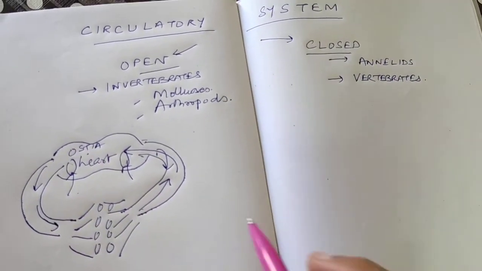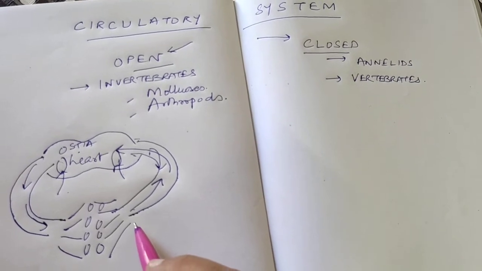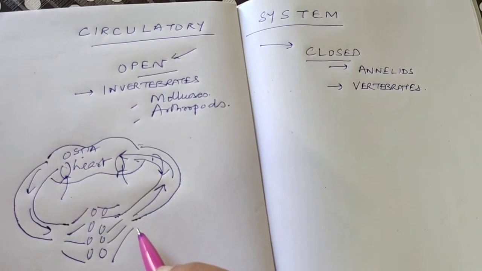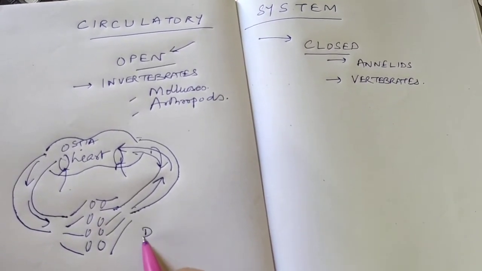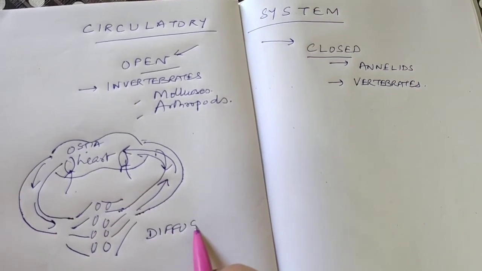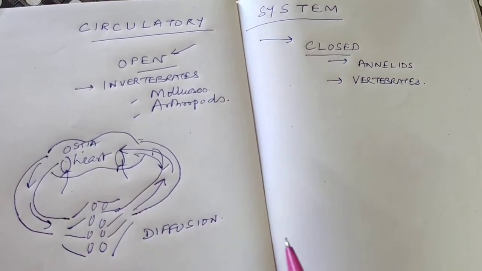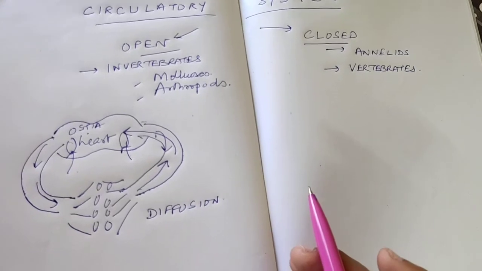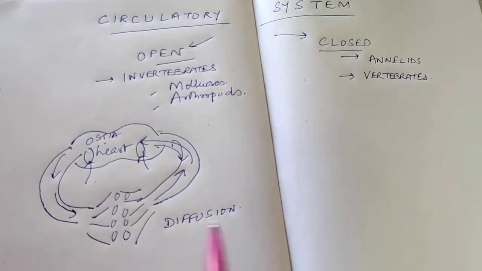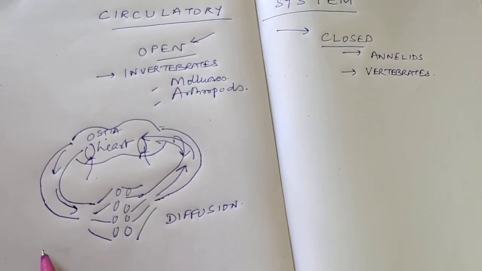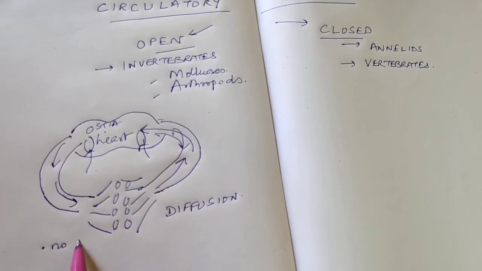So that is how circulation occurs in the invertebrates, primarily by diffusion through a membrane. So there are no closed vessels.